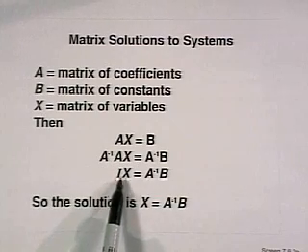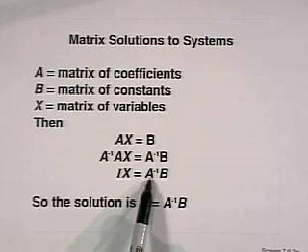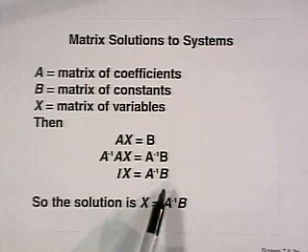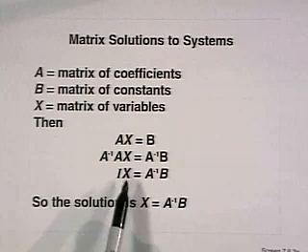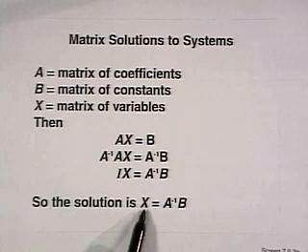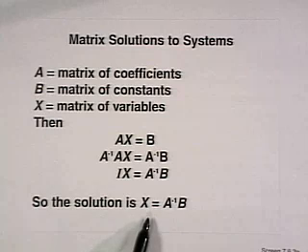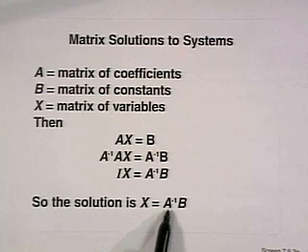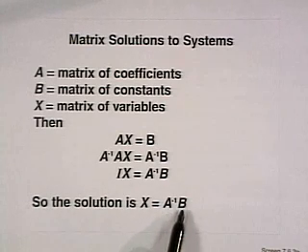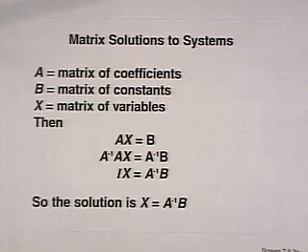So we get identity matrix times X equals the inverse of A times B. But the identity matrix times X is just the X matrix again. Therefore, our solution to our system is found by simply multiplying the inverse of the matrix of coefficients times the matrix of constants. Thanks to our calculator, that can be a rather easy and quick operation to perform.